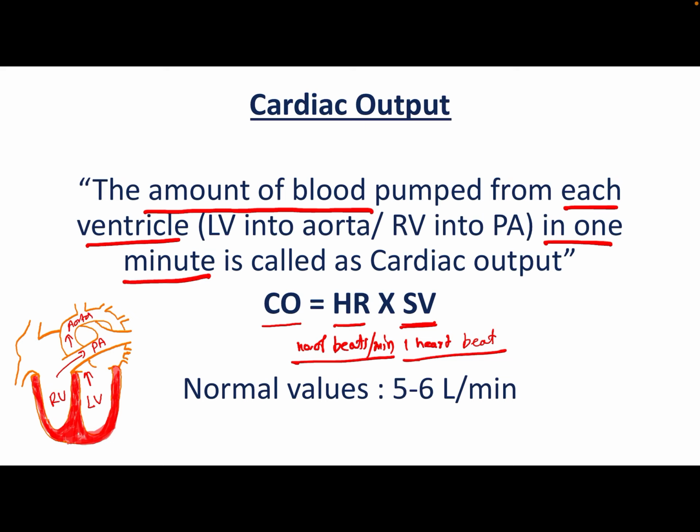So in one heartbeat, how much blood is pumped you get from the stroke volume, and the number of beats in 1 minute you get from the heart rate. If we multiply heart rate with stroke volume, you get the cardiac output. The normal value for cardiac output ranges from 5 to 6 liters per minute.